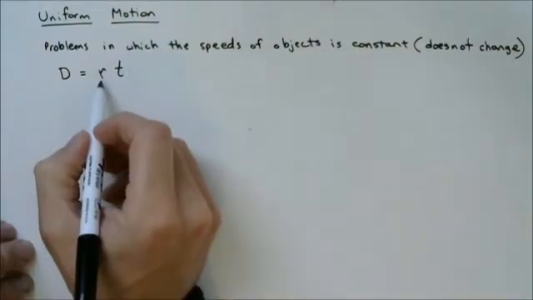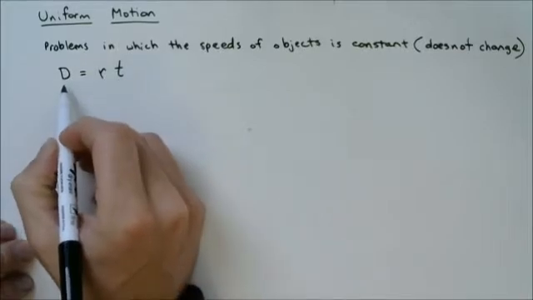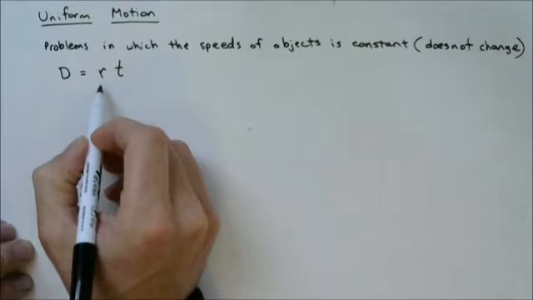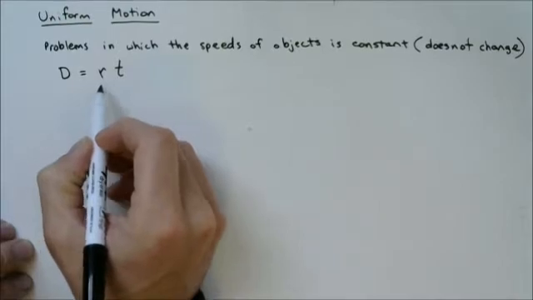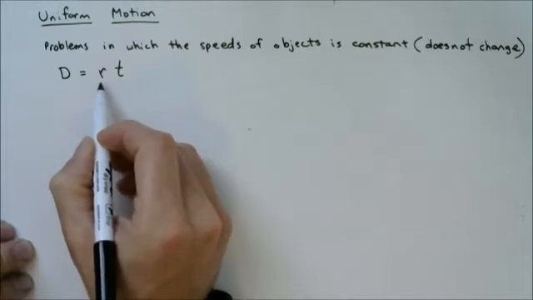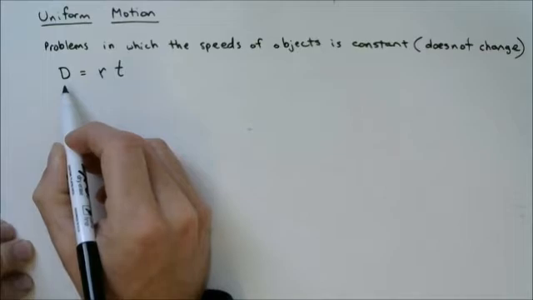So the speed that you're traveling at times the amount of time will give you the distance traveled. Quick example, let's say you're driving 40 kilometers per hour at a constant rate. You do that for 2 hours. Well, 40 kilometers per hour for 2 hours will be a distance of 80 kilometers.